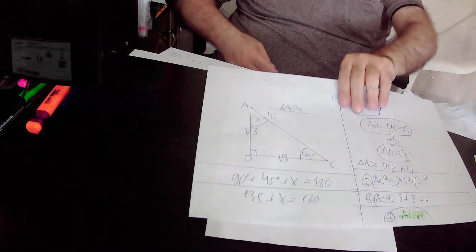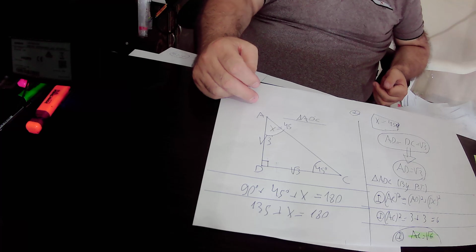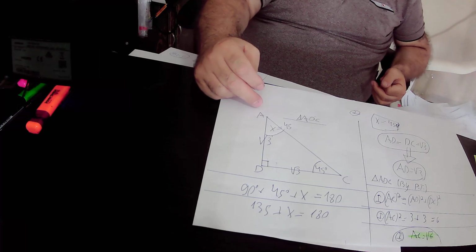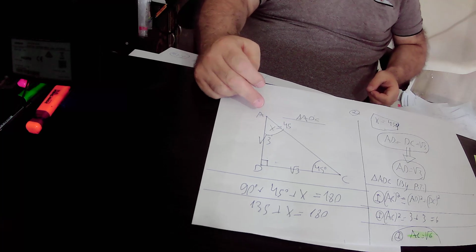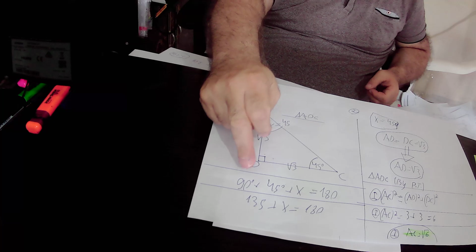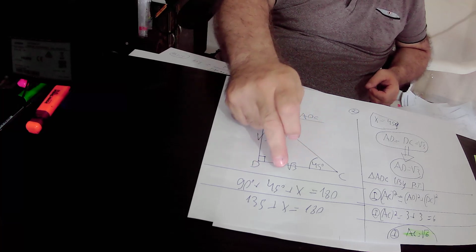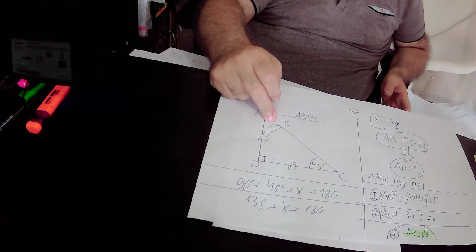This is the right triangle ACD that I copied from the original drawing. In the right triangle ACD, the sum of the angles must be equal to 180 degrees. So which angles do we have in triangle ADC? We have this angle that is equal to 90 degrees, this angle that is equal to 45 degrees, plus this angle that is the missing angle, which we define as angle x.